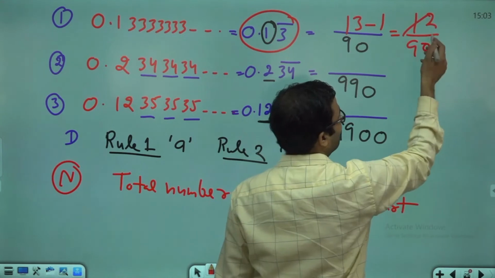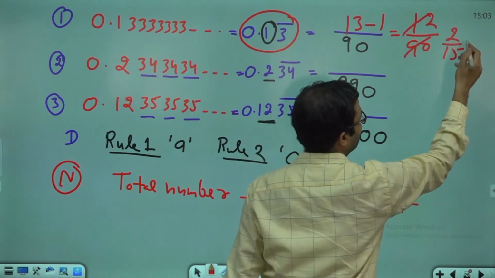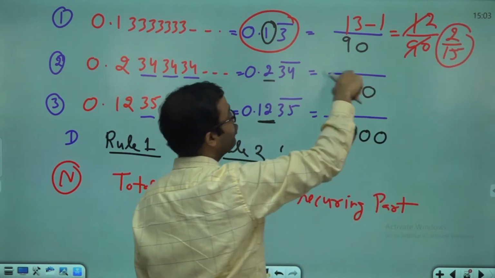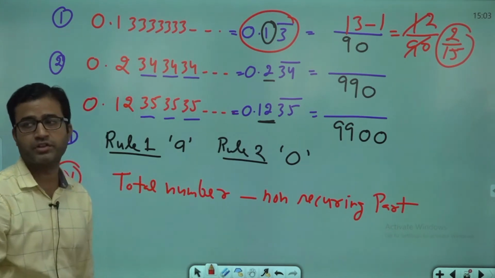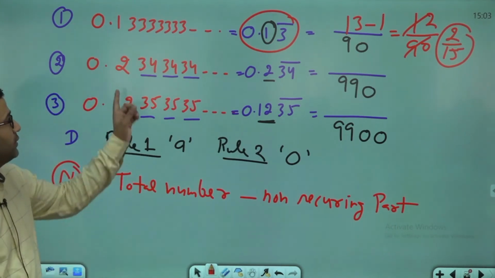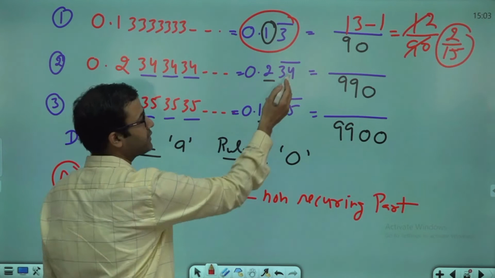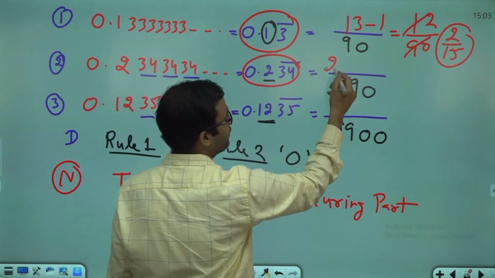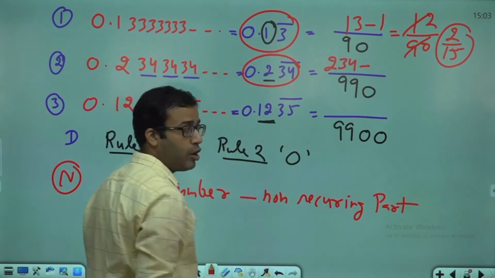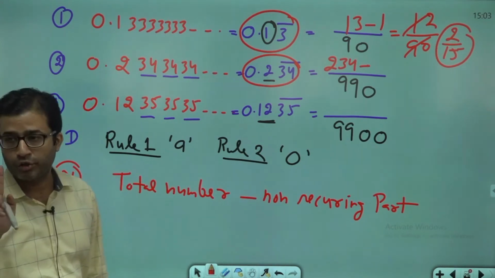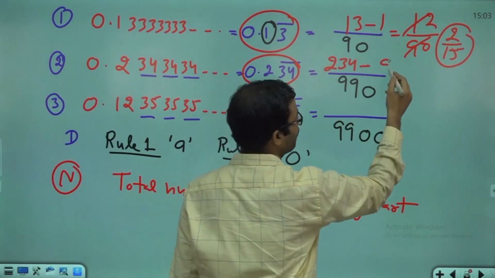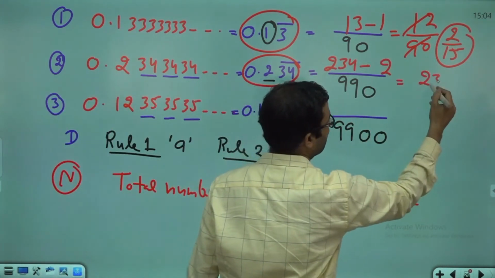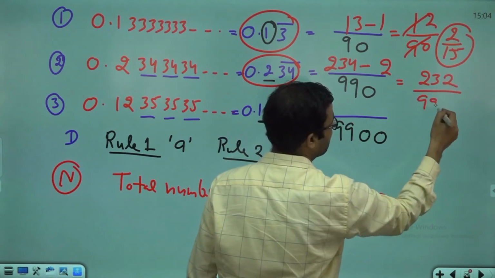Divide by 6, we get 2 by 15. You can check in your mobile: 2 by 15 will give you 0.13333. Second question: what is the total number? 234. Out of this, what is non-recurring? 2, so 234 minus 2. What do we get? 232 upon 990.